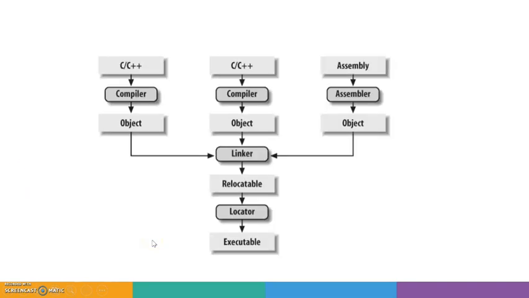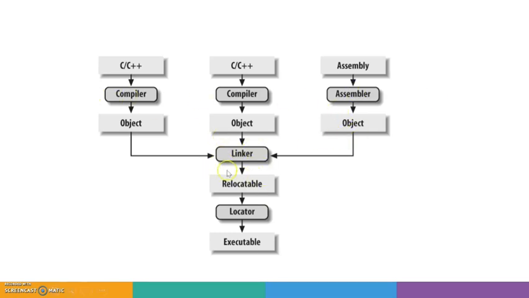Next, let us see the image of a compiler. Here you can see that we are going to do the programming in C or C++. Then we'll be using a compiler. Then it is converted to the object file, which is in ones and zeros. Then it is given to the linker. In the linker, some library files or predefined functions are being attached along with these object codes, or it will be simply combining the three object codes.